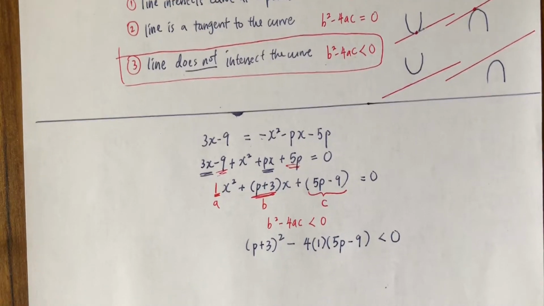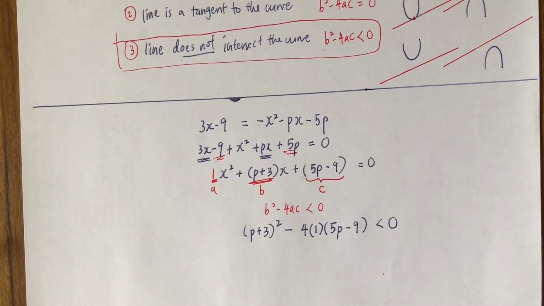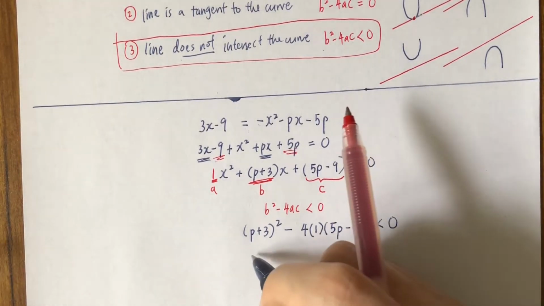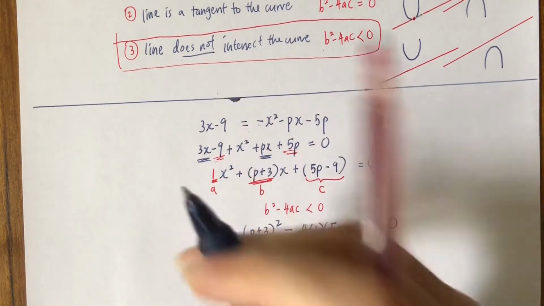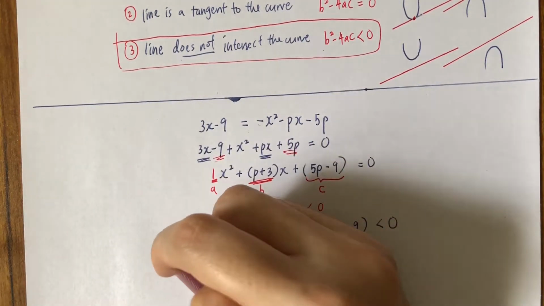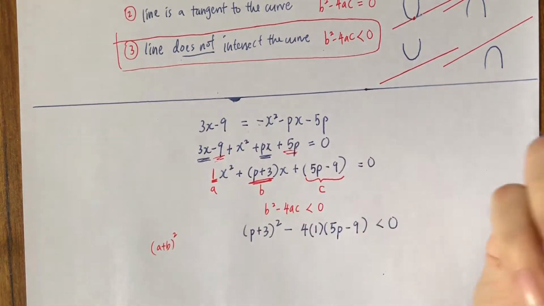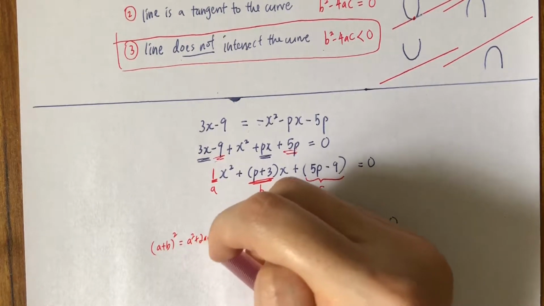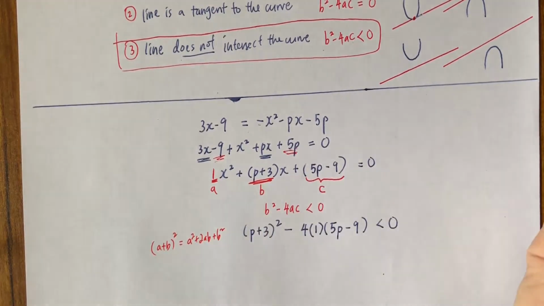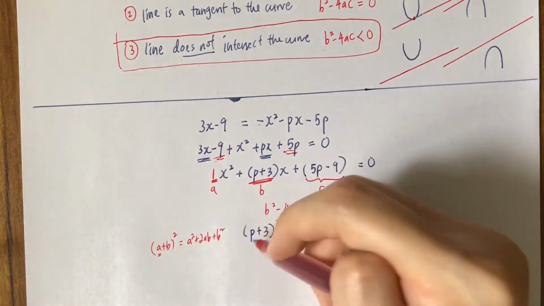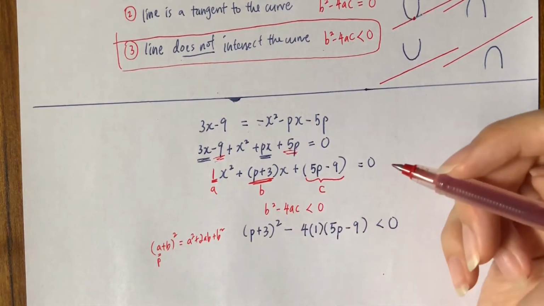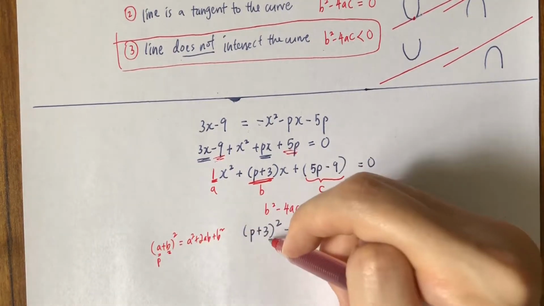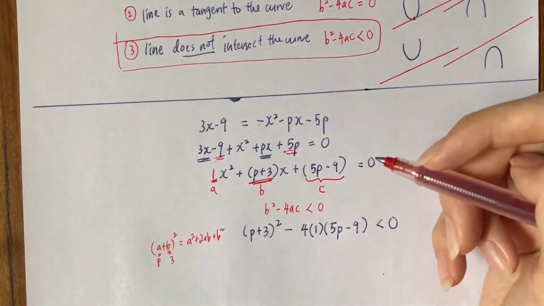So with this done, naturally the next step is to expand some of the terms. So this will be the identity a plus b whole thing squared. In Sec 2 math, we have learned that this is a square plus 2ab plus b square. So the a represents the p here, and the b represents the 3 here.